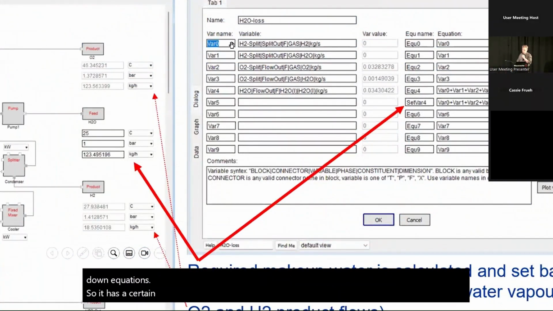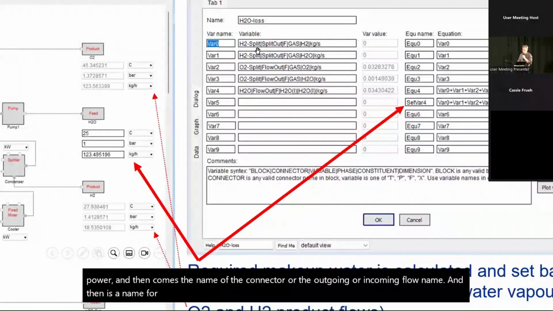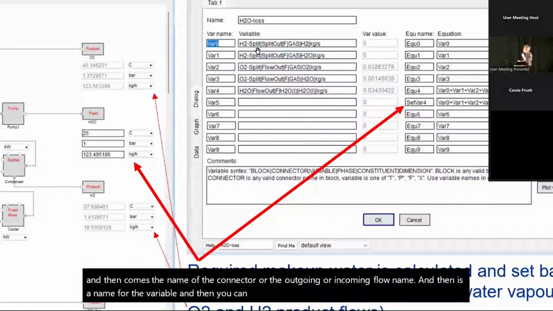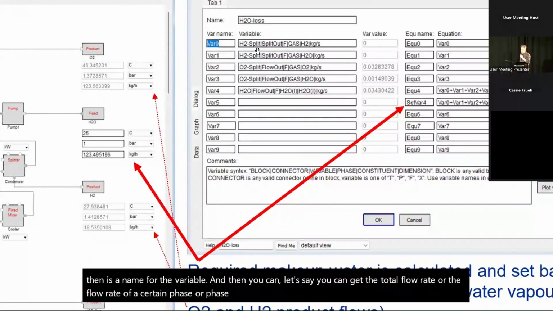So here is the name of the block, and then comes the separator bar, and then comes the name of the connector or the outgoing or incoming flow name, and then is a name for the variable, and then you can, let's say, get the total flow rate or the flow rate of a certain phase or phase constituent in the flow.